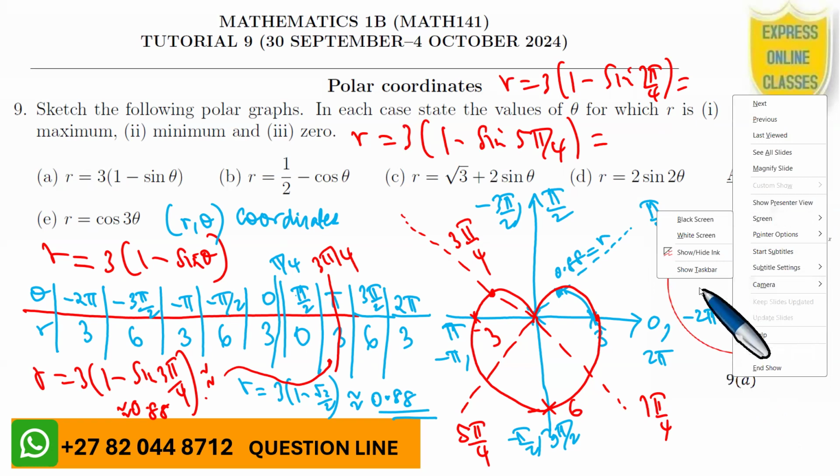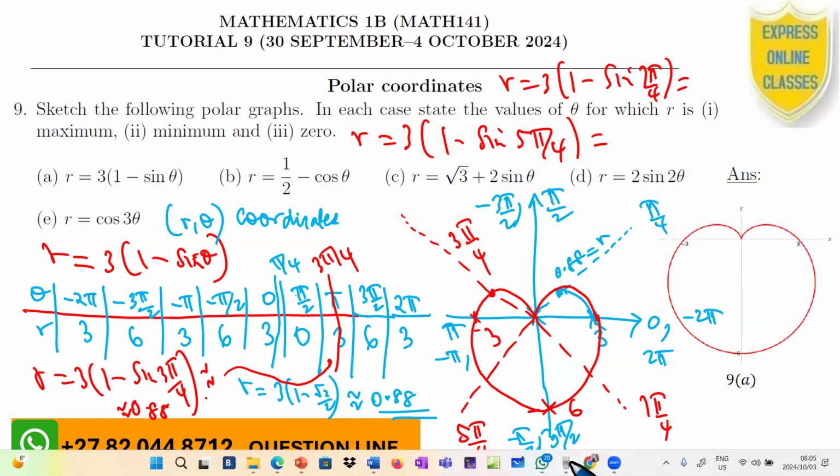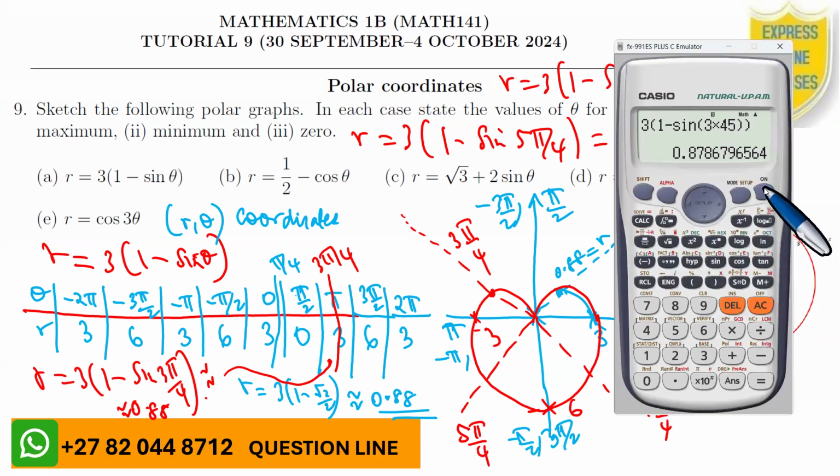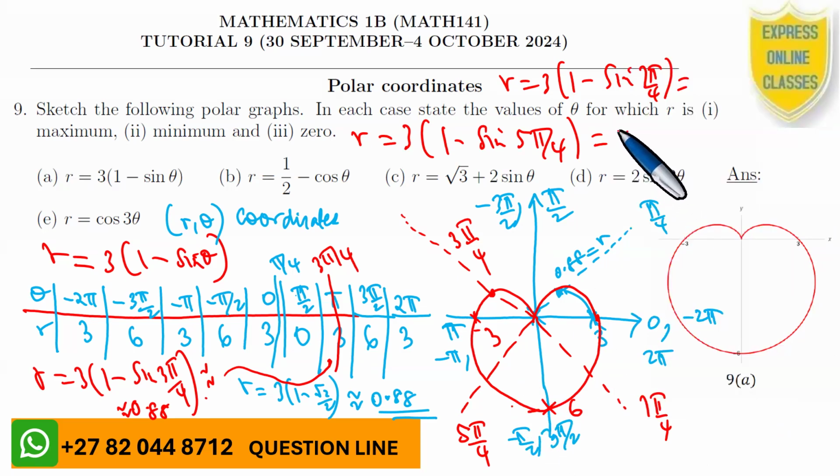Let us do these. 3 times 1 minus the sine of 5 pi over 4. Okay, 5 pi over 4 you can write as 5 times 45 degrees, which is 5.1.